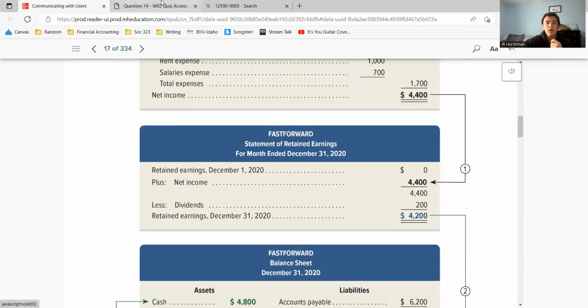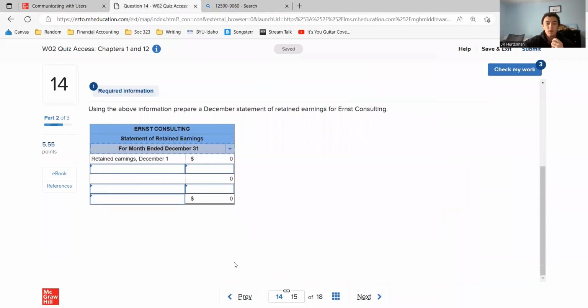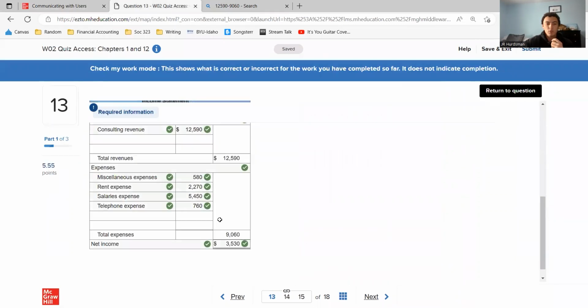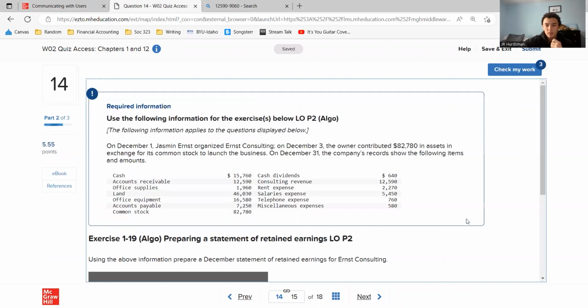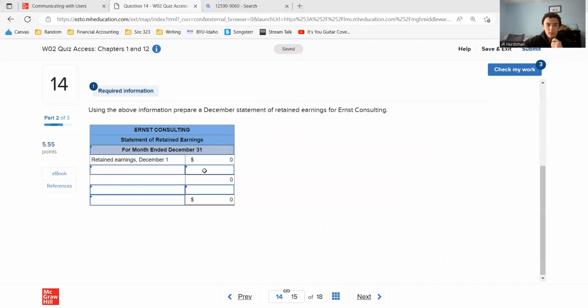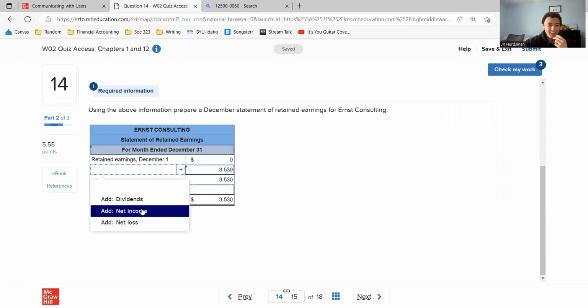So net income, if you remember, the net income was on this previous one right here at the bottom. So it was 3530. So we'll go back. 3530. Sorry, I just want to write that down before I forgot it.